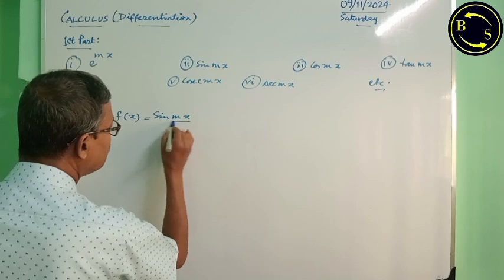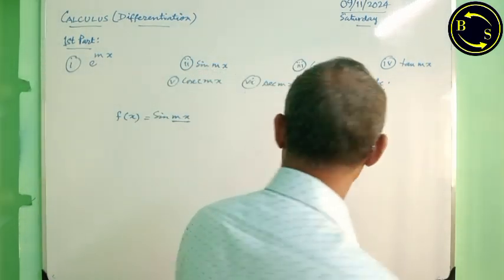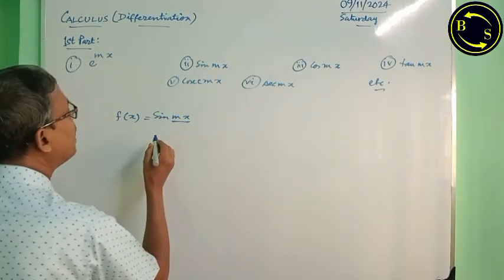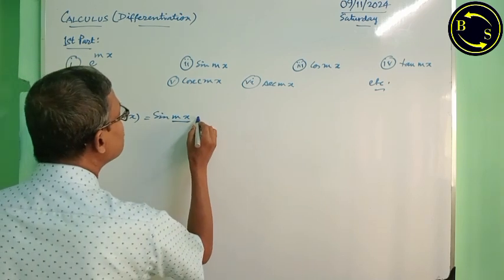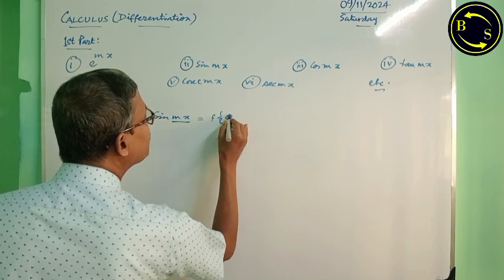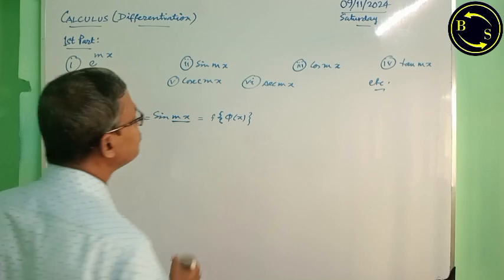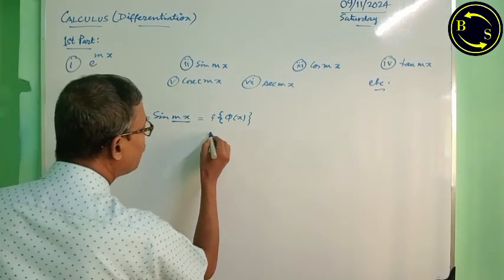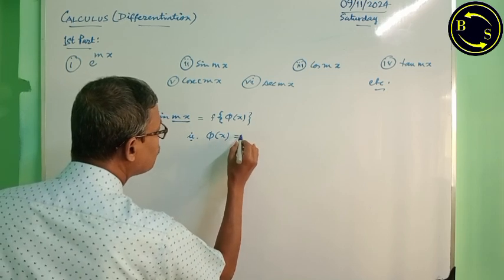We see the angle is mx, not x. We say that such functions are a function of a function. That means f of phi x, where phi x is equal to mx.